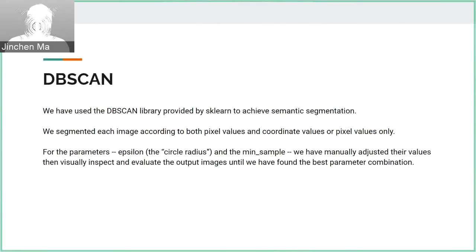We used the DBSCAN library provided by sklearn to achieve semantic segmentation. We segmented each image according to both pixel values and coordinate values, or just pixel values only. For the parameters, we manually adjusted their values, then visually inspected and evaluated the output image until we found the best parameter combination.